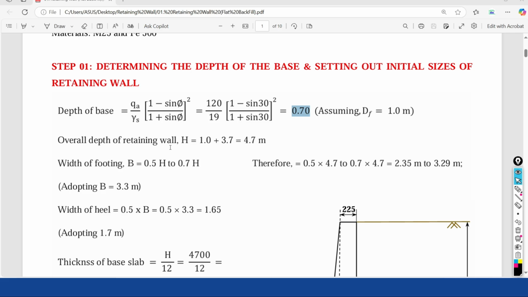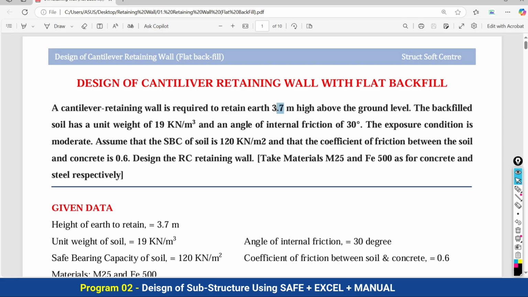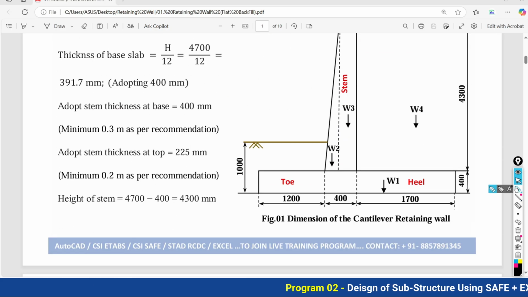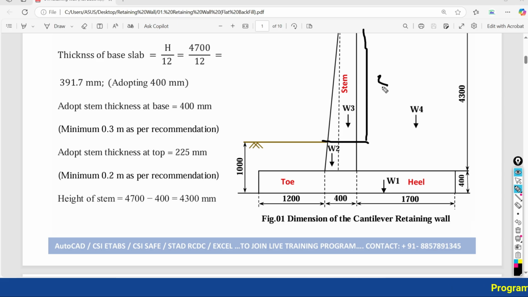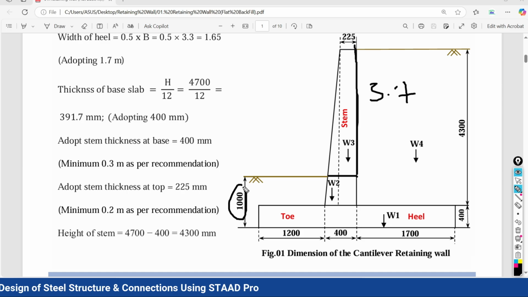Now the overall depth of the retaining wall. The height of the earth to be retained by your cantilever retaining wall is given as 3.7 meters, measured from here up to the top. Now this 1 meter we have calculated.